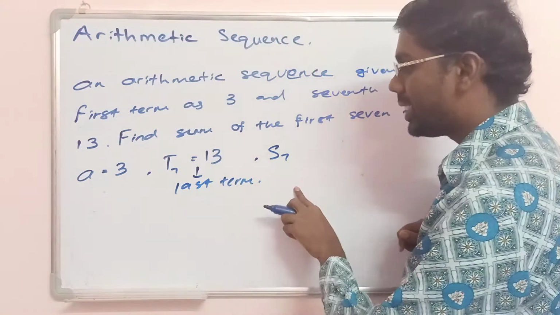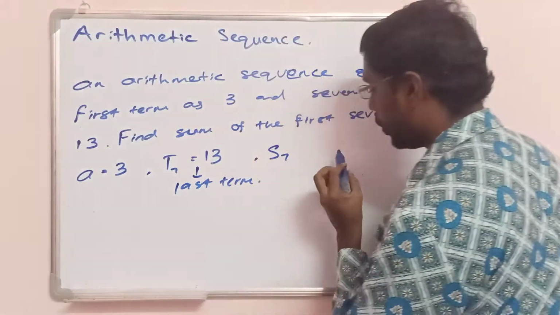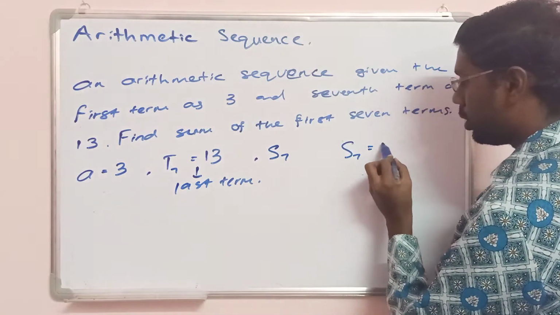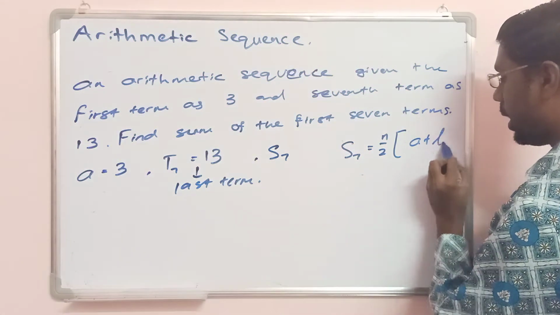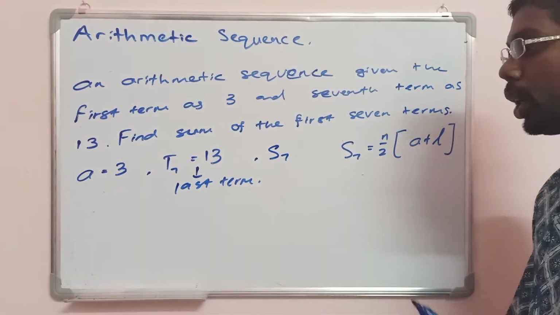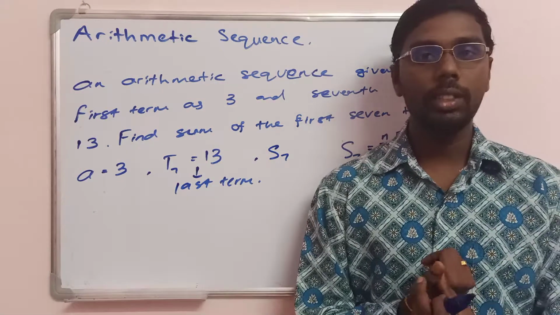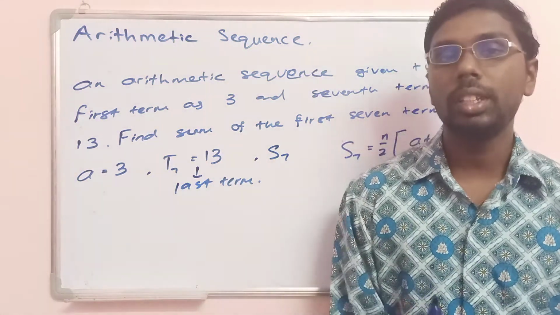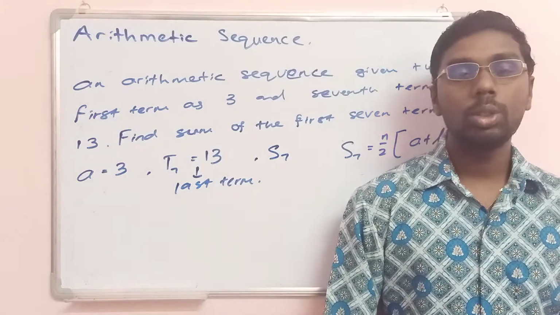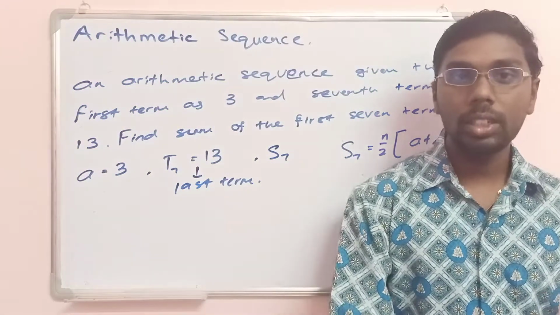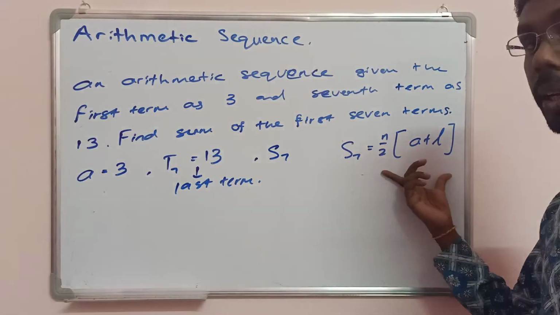So for this case, the formula S7 equals n over 2 times (a plus l) is useful, because here we don't know the common difference. If we wanted to know the common difference, we would need some additional working, so to avoid that, we use this formula.